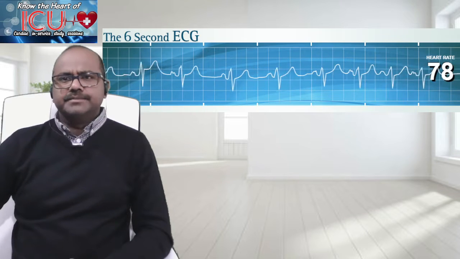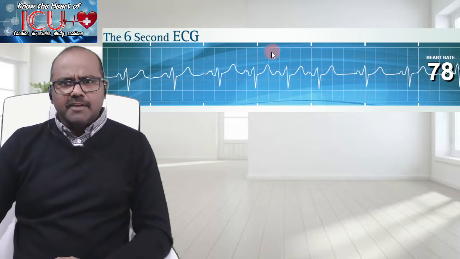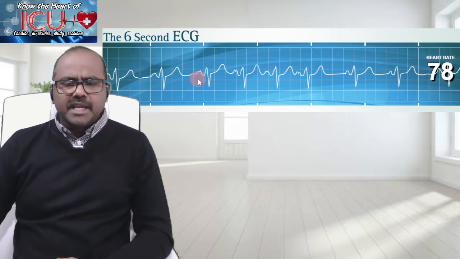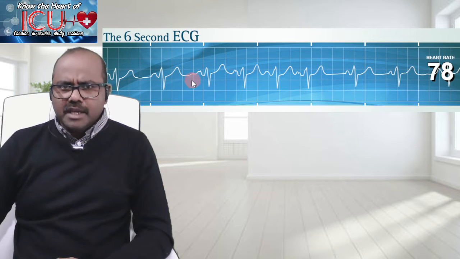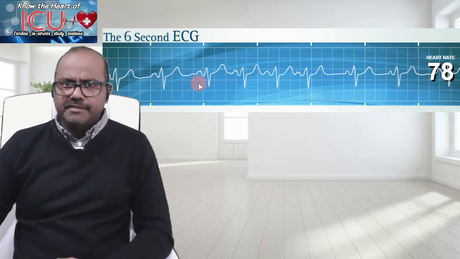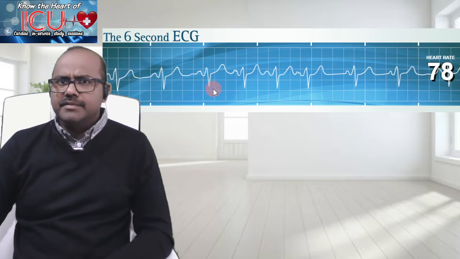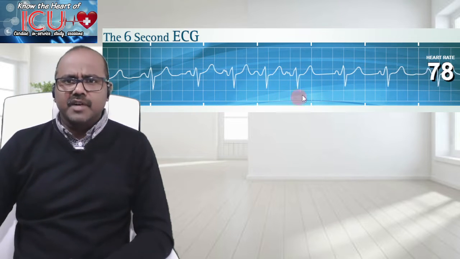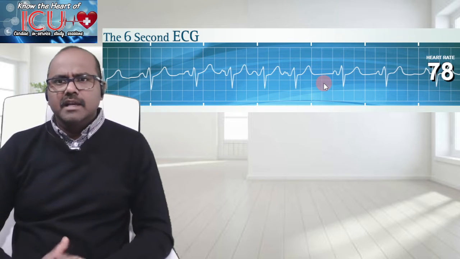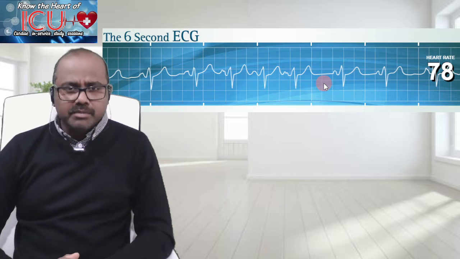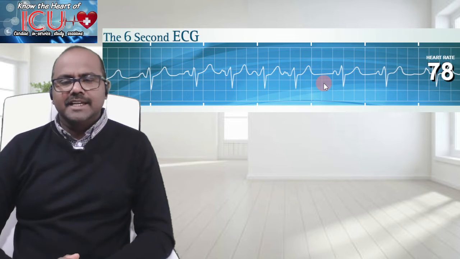And look at this rhythm. What's the difference? Do we have a P wave here? Yes, we have a P wave. And is the PR interval normal or prolonged? The PR interval is normal, less than 5 mm. And do you have a QRS complex after every single P wave? Yes, we have a QRS complex after every single P wave. And what's the problem here? The problem here is that it's irregular.